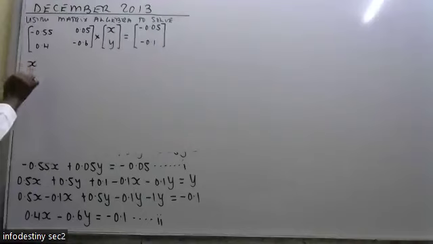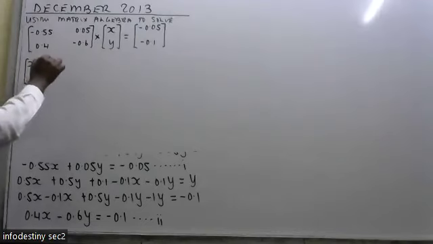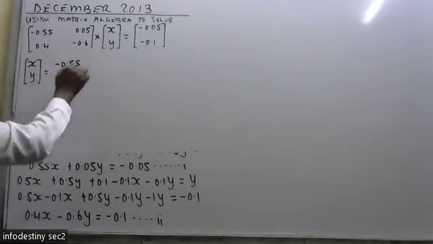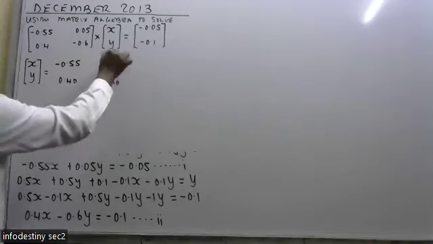So this becomes x, y on this side. The second one should be 0.4x and minus 0.6y.